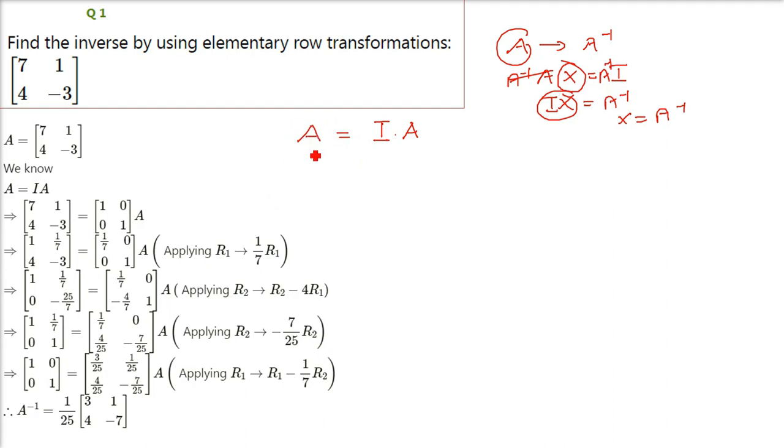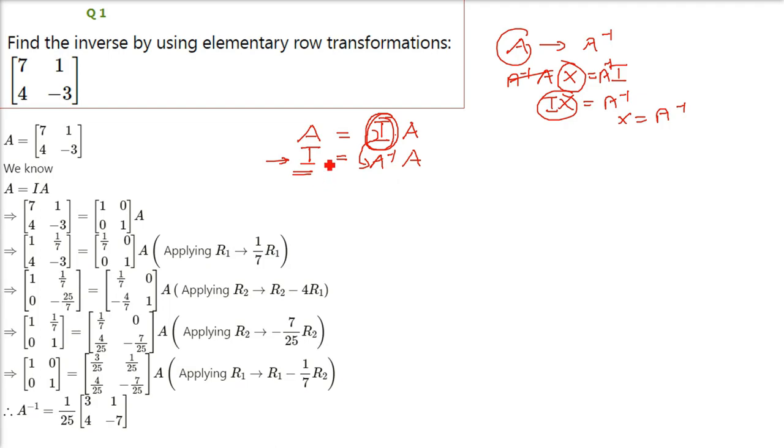When you convert this A matrix in any way to the identity matrix, the I on the right hand side will become A inverse, because you can only get I when you multiply a value with its inverse value. For example, A multiplied by A inverse will only give you I.